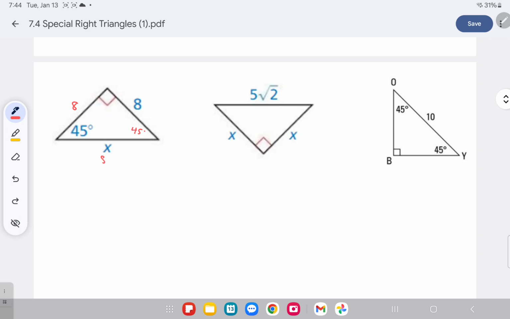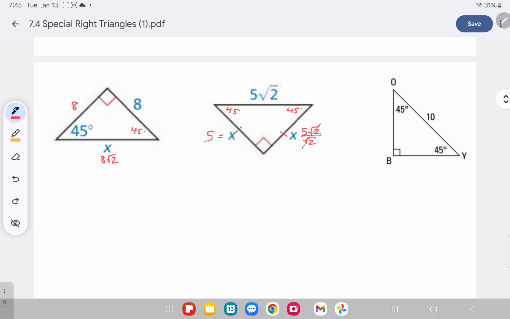To get the hypotenuse, we just multiply by root 2, so 8 root 2 it is. In the next picture, we know it's isosceles because the legs are both labeled as x and x. Because it's isosceles, it's a 45, 45, 90. So to get the side lengths, we are going to divide by root 2. So each of our side lengths would be 5.